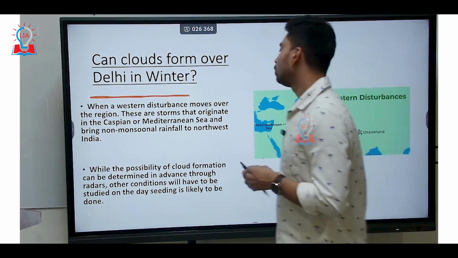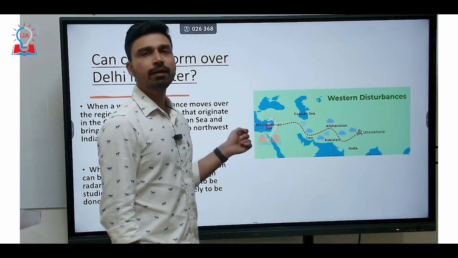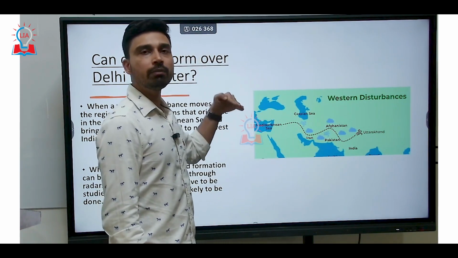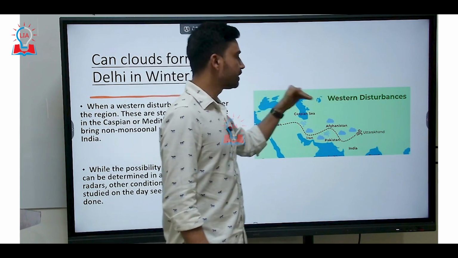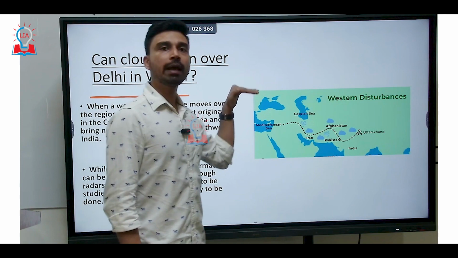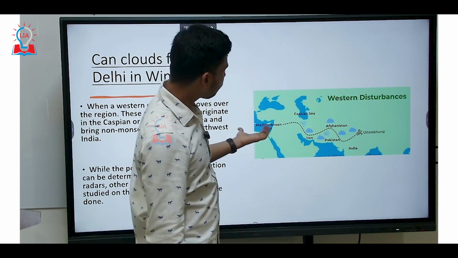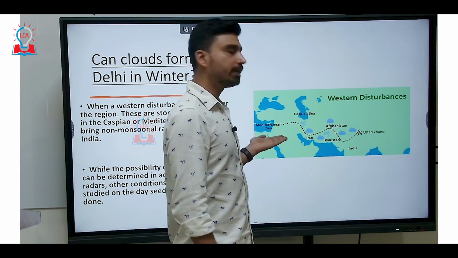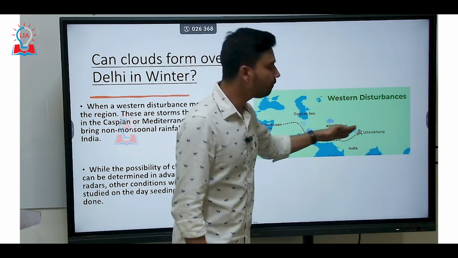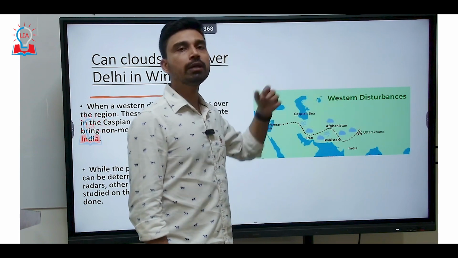If we look at this particular map or diagram, we see that during the winter months we have a special kind of wind stream moving in the upper atmosphere, called the subtropical westerly jet stream. The subtropical westerly jet stream picks up moisture from the Mediterranean Sea region and then flows over the northern part of India, around the Himalayas.